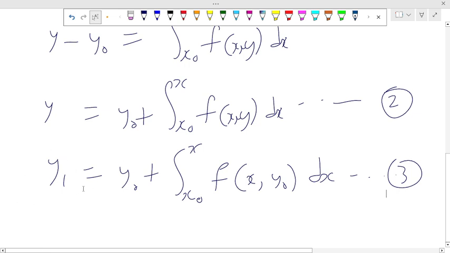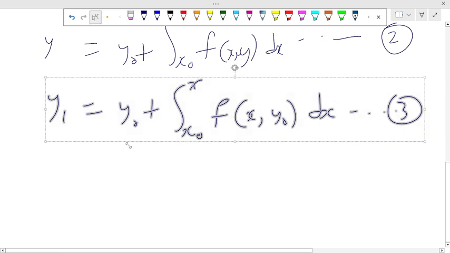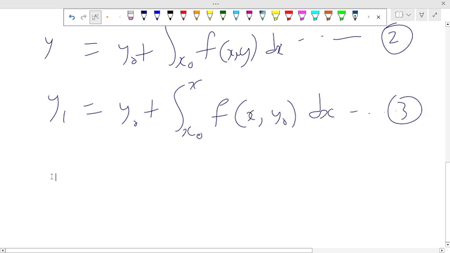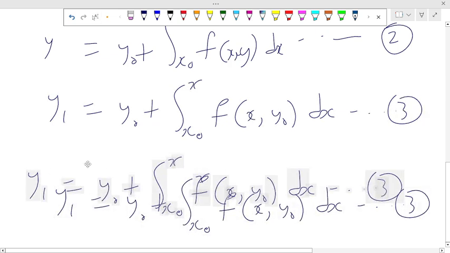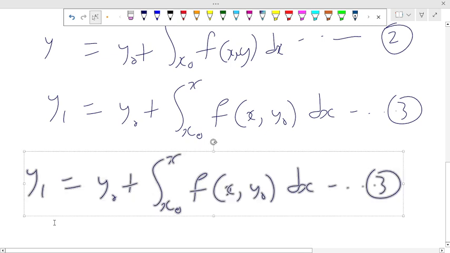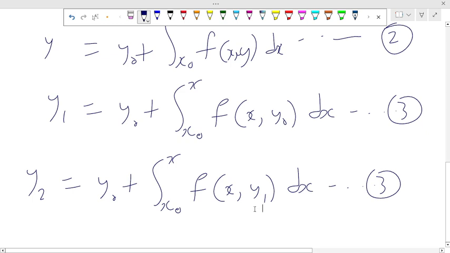If we need the second approximation, I'll copy this whole thing. Same thing, but since we are looking for the second approximation, look at what will happen here: it will be y1. Can you spot the difference?